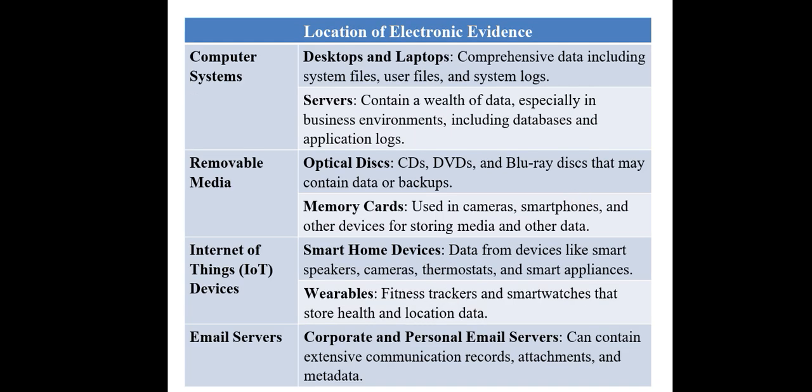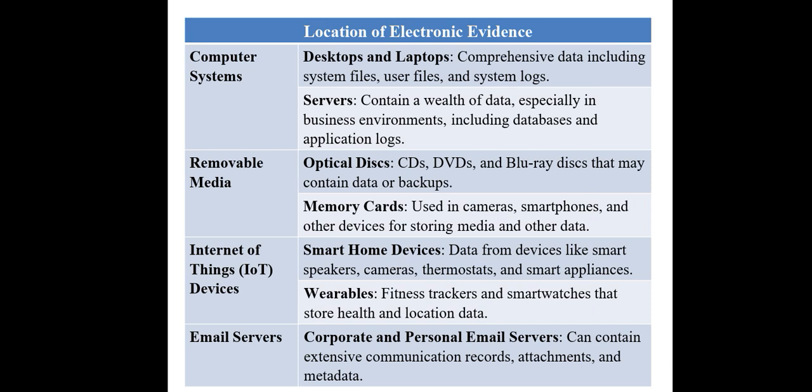Next location is computer systems. Computer systems contain desktops and laptops as well as servers. Desktops and laptops hold comprehensive data including system files, user files, and system logs. Servers contain a wealth of data, especially in business environments, including databases and application logs.